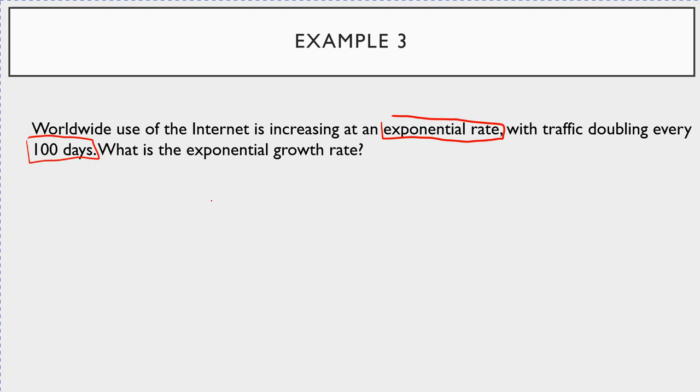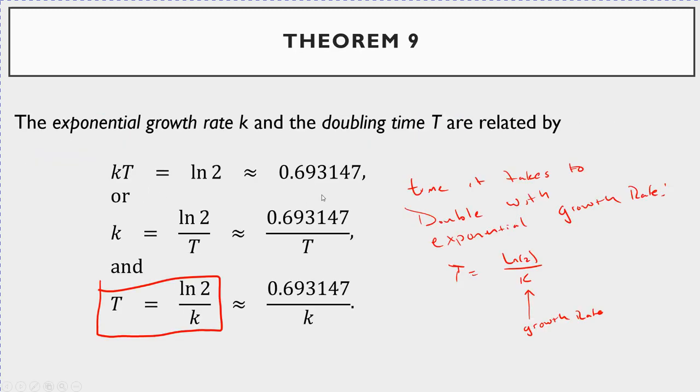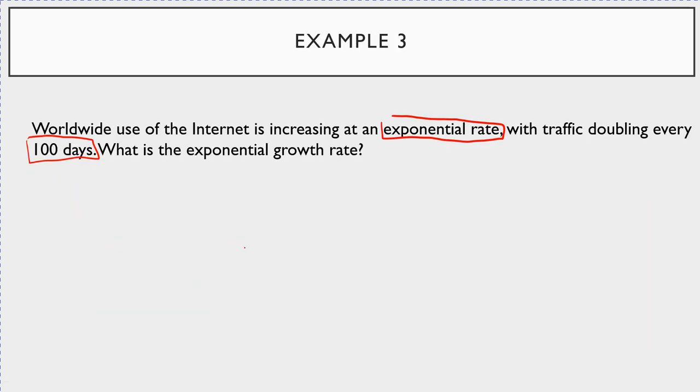exponential growth rate? So if you look back here, we wanted to solve for k. So k is the growth rate. So k is equal to the natural log of 2 divided by t. In this case, it's the natural log of 2 divided by 100.